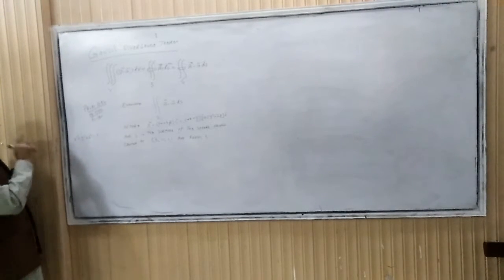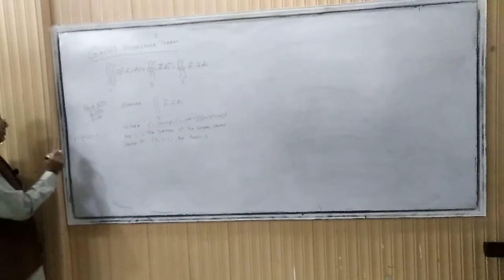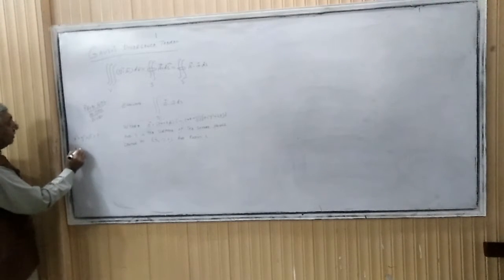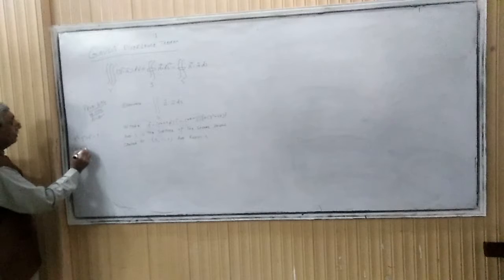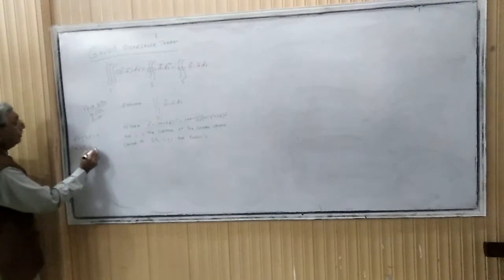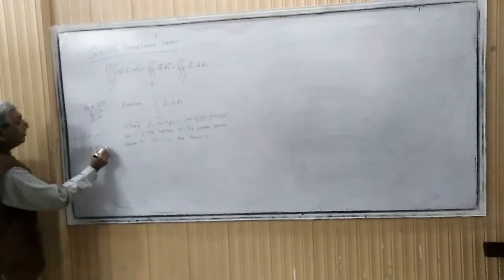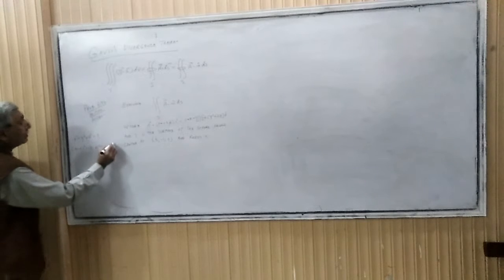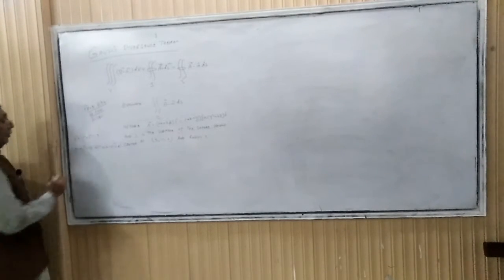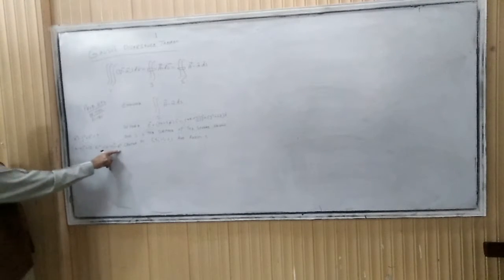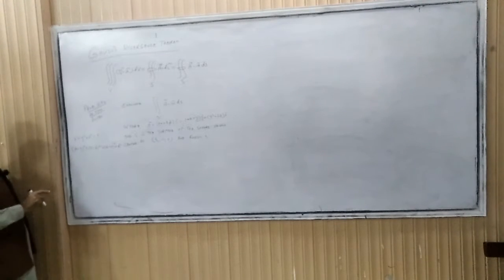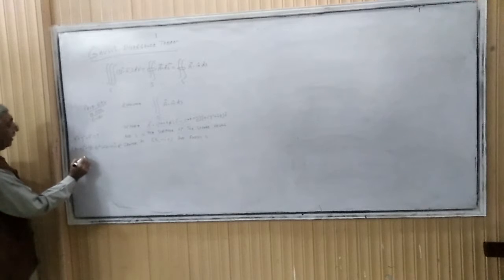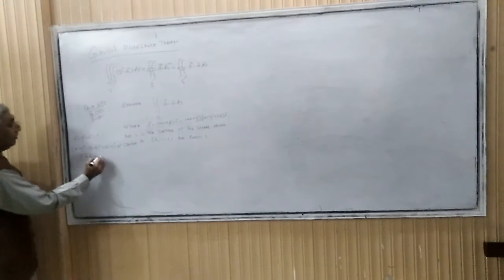Now, the actual equation of the sphere is (x minus a) whole square plus (y minus b) whole square plus (z minus c) whole square is equal to r square.